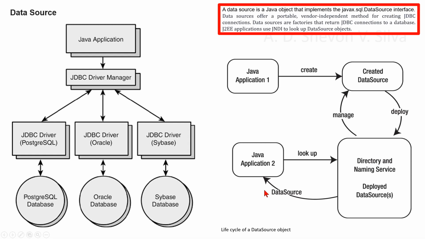A DataSource object provides a new method for a JDBC client to obtain a DBMS connection, represented as java.sql.Connection. A DataSource object is usually created, deployed, that is registered and located by a lookup operation, and managed separately from the Java application that uses it.